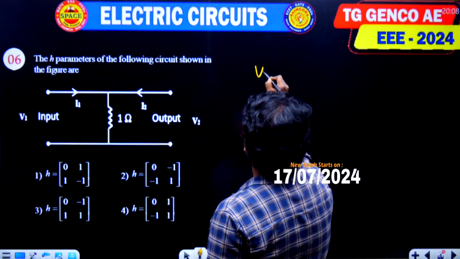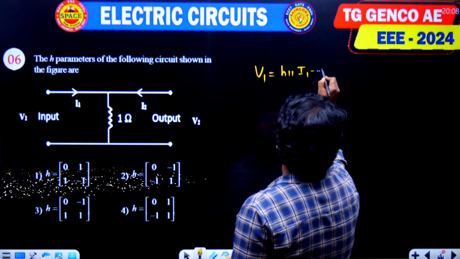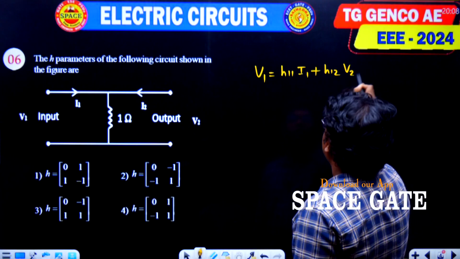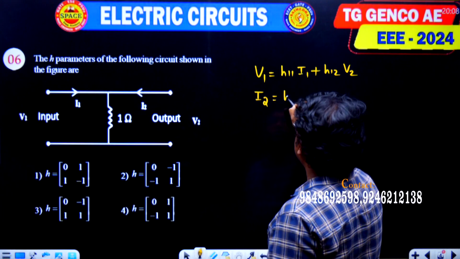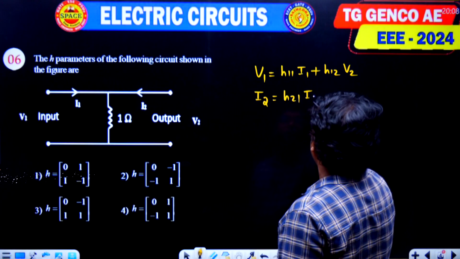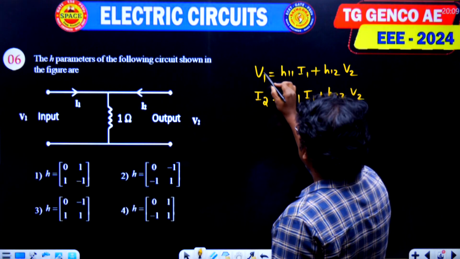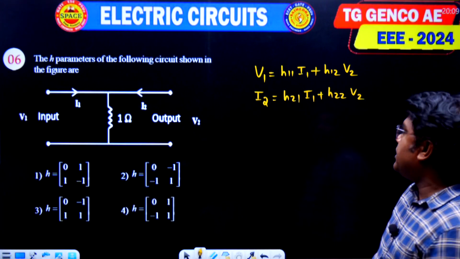So input voltage V1 is equal to H11 I1 plus H12 V2, and I2, the output current, is equal to H21 I1 plus H22 V2. These are the dependent parameters, and I1 and V2 are the independent parameters.